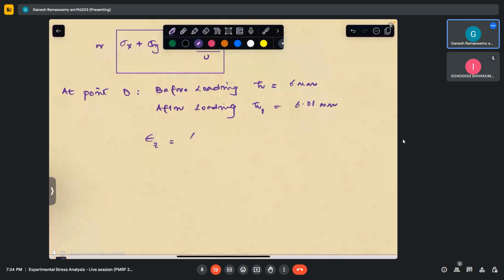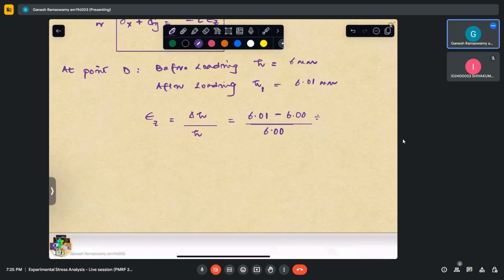It is nothing but the change in the thickness by the original thickness, which is 6.01 minus 6 by 6.00. So epsilon z is nothing but 0.01 by 6. This is the out of plane strain.